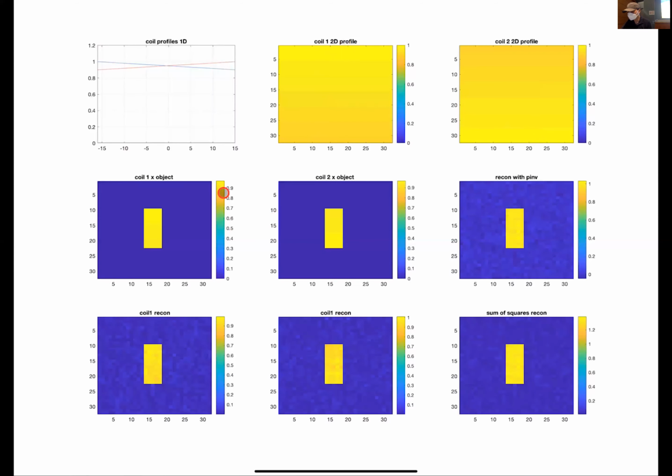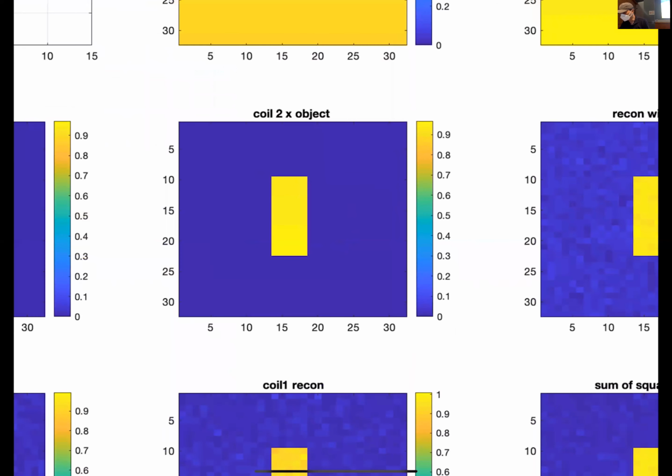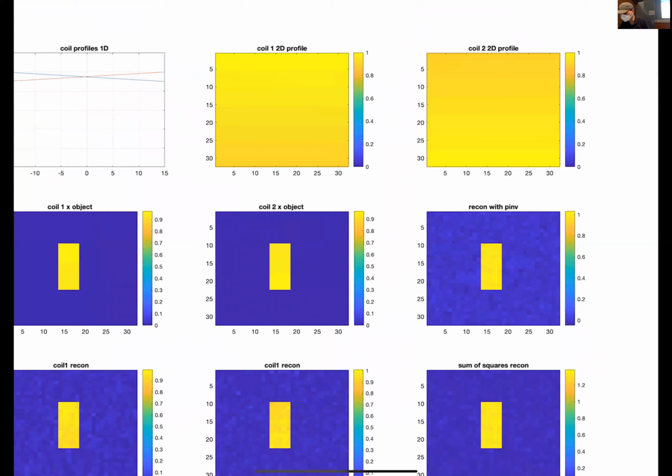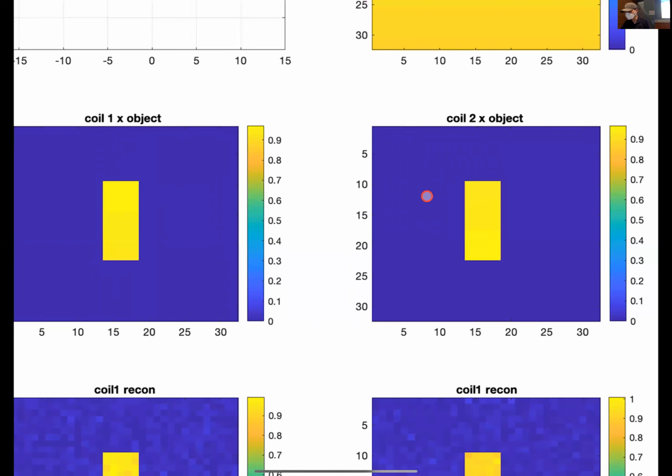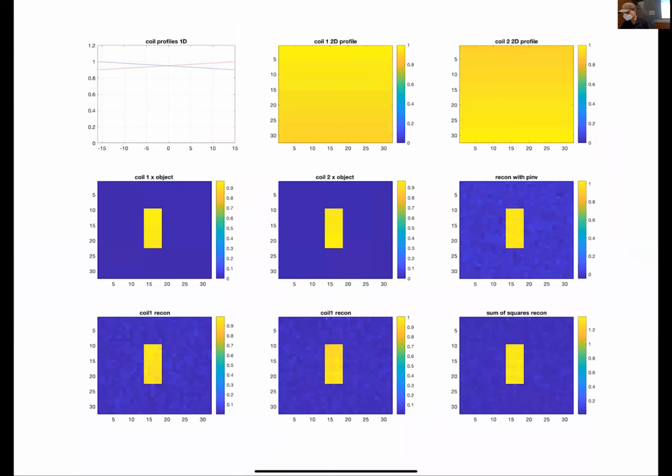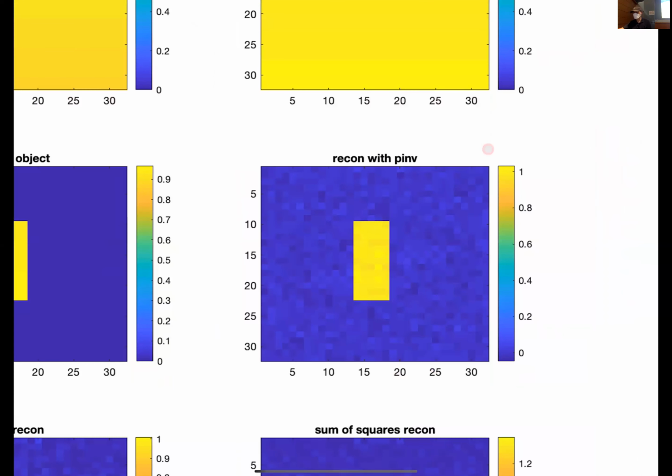If I take coil 1 and multiply by my object, which is a uniform square, I get this, and otherwise I get this. I haven't added noise yet, but this is what the objects look like. Basically the objects look almost the same. Then here is the least squares recon, with noise added.